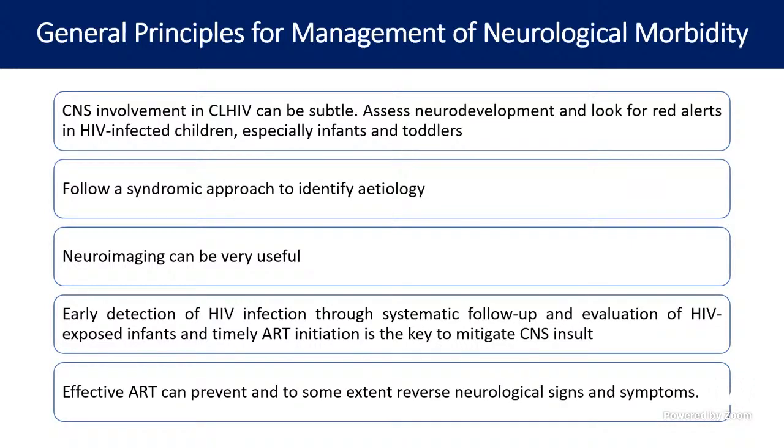And we should see to it that the viral loads are suppressed, so that the CNS insult will reduce. If you have an antenatal mother, we have to see that she is virally suppressed, so that perinatal transmission is less. Okay. So this will prevent neurological morbidities and mortality in the baby.